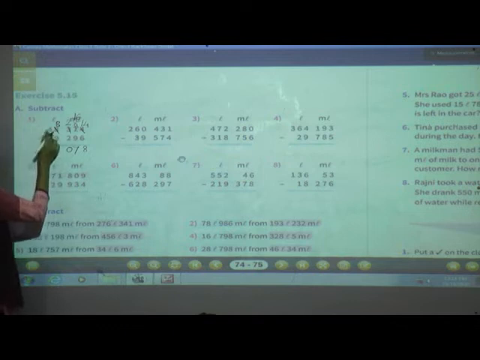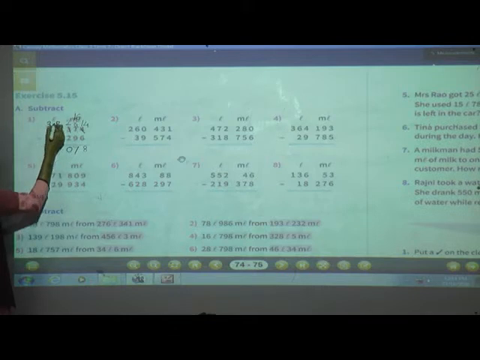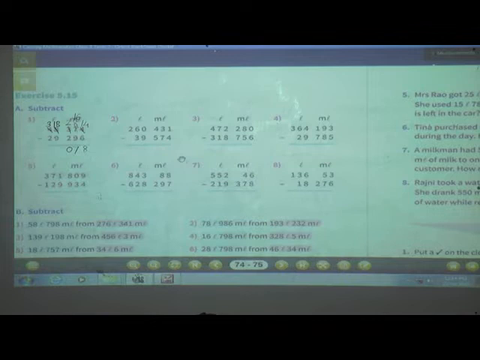Then go to the neighbor. Here neighbor is having 4. Take one borrow from this 4. So 4 minus 1, your 3 will remain. We'll write here 3 and this 8 will become 18. Now 18 minus 9. After 9 you have to count your fingers till 18. So 18 minus 9 is equal to 9.